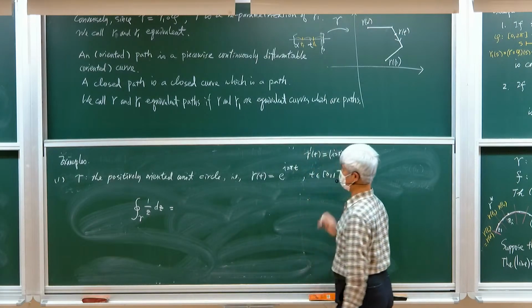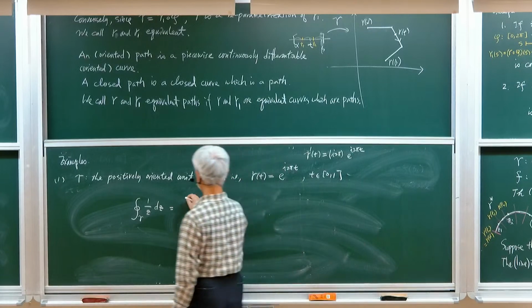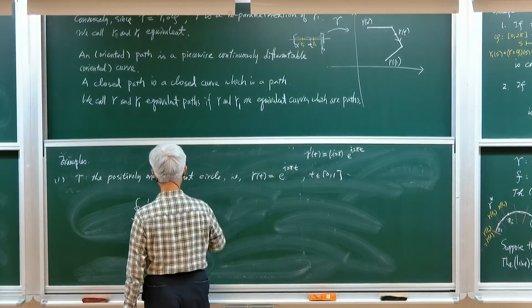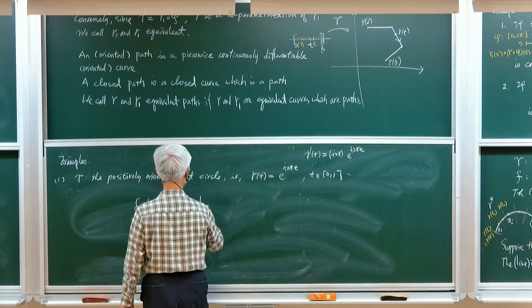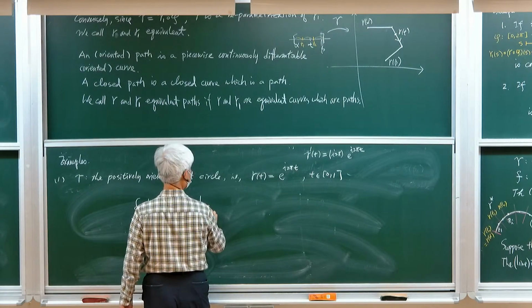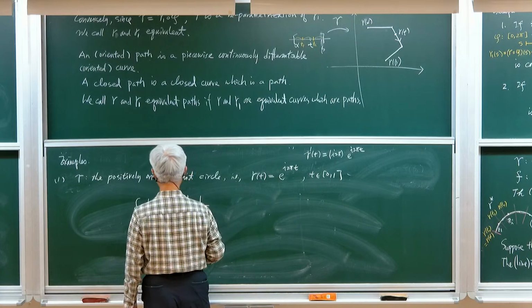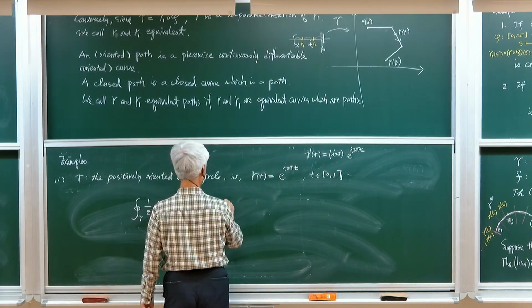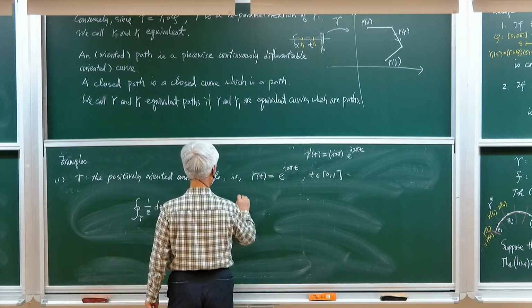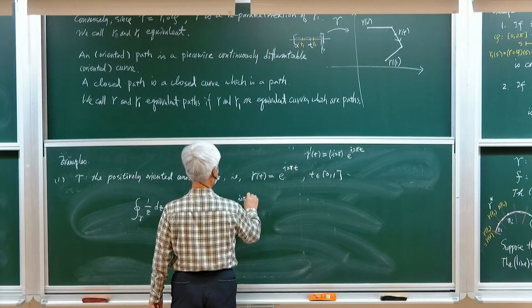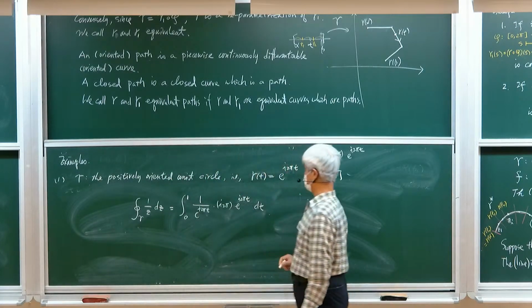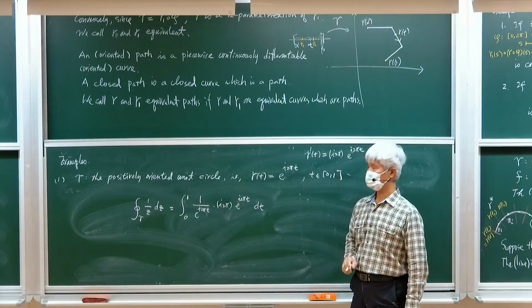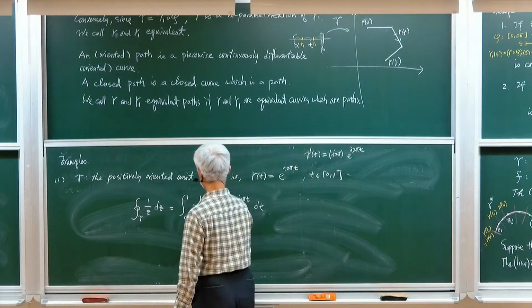So the integral from 0 to 1 of 1 over e^(i 2 pi t), times i 2 pi times e^(i 2 pi t), dt.